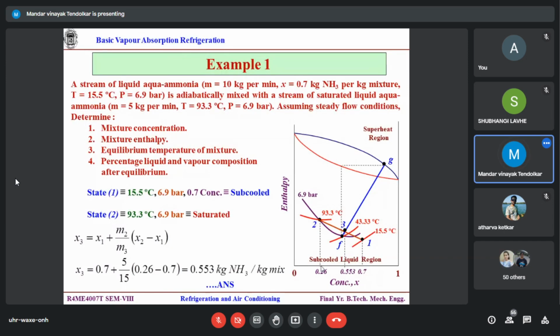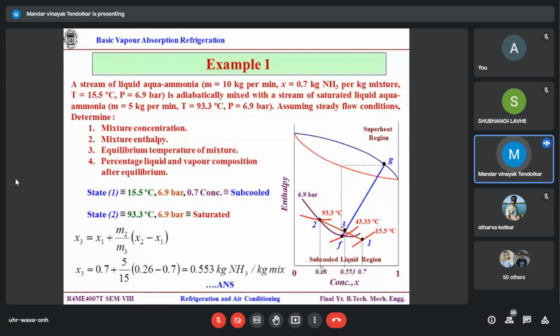So correct. This is simple calculation. Calculator. Done. This is just the calculator part.